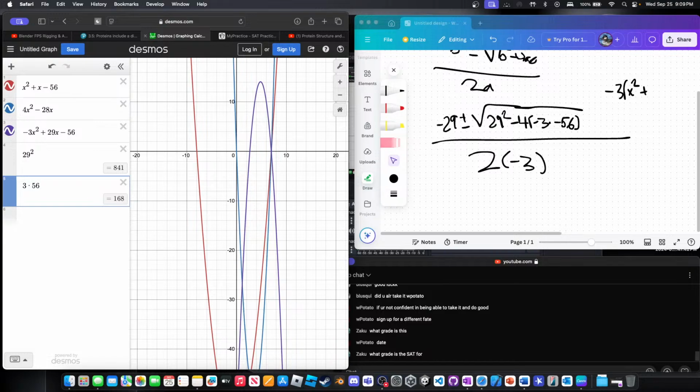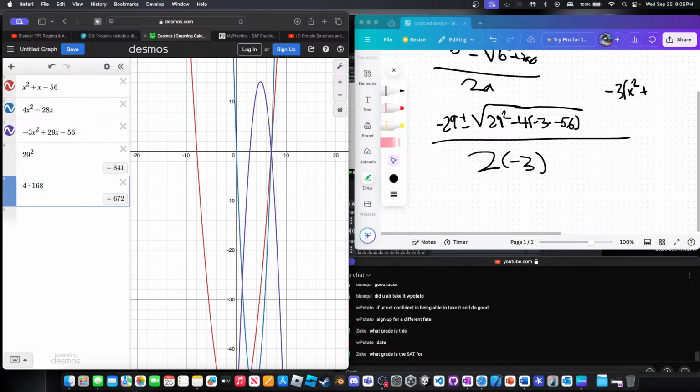4 times 168. Okay, 4 times 168 is 672. So negative 29 plus minus the square root of 841 minus 672, over 2a, which is going to be negative 3, right?